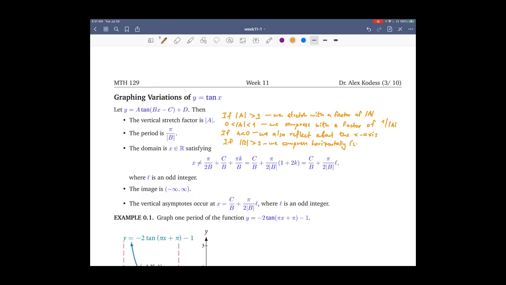So we speed up our function. If b by absolute value is between 0 and 1, we stretch with a factor of 1 over b. That is, we slow down.